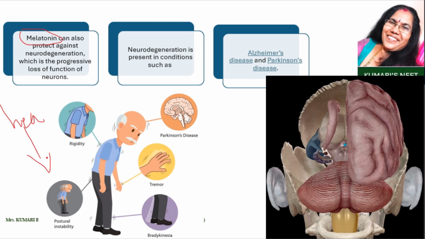What is that? Damage of nerve cells. If melatonin is not produced in a proper amount, our nerves will be destroyed, slowly degenerating. So which hormone is very important? Melatonin is very important.